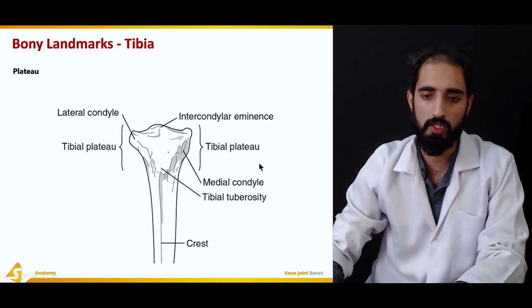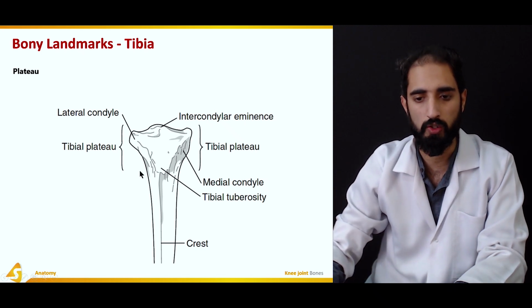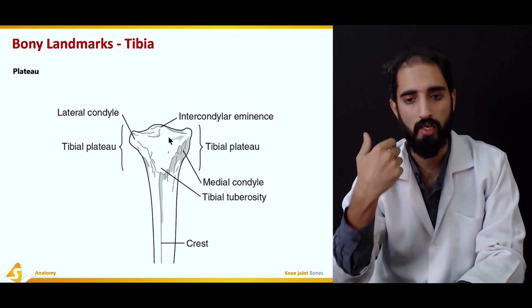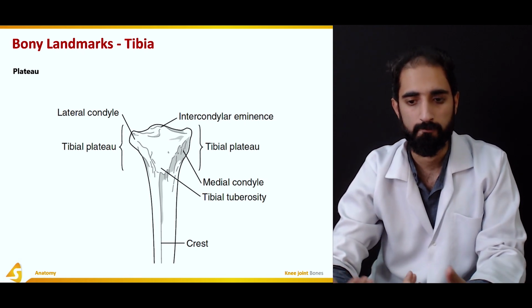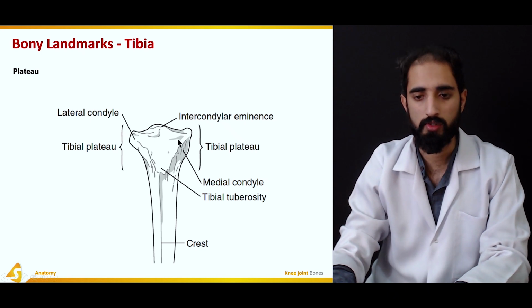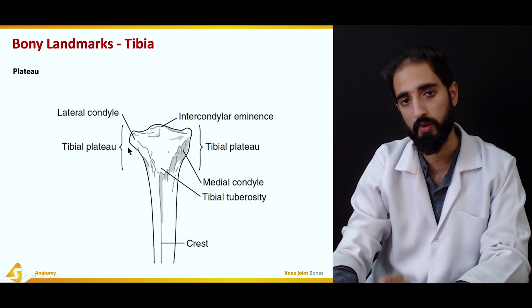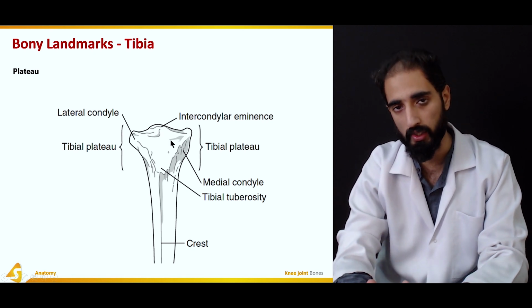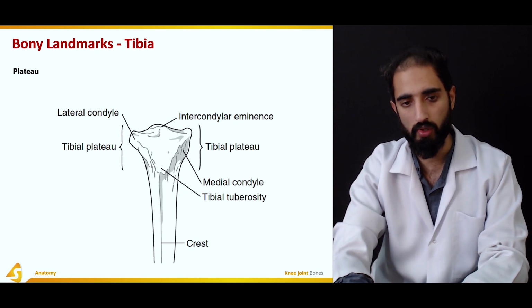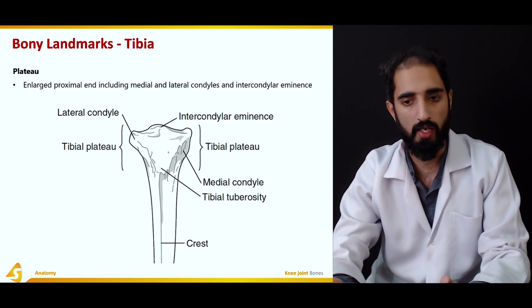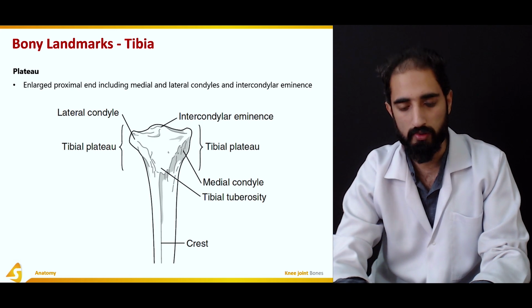Now this complete region is known as the plateau, which consists of structures like the lateral condyle, medial condyle, intercondylar eminence, and tibial tuberosity, and this is the area that we are actually concerned with and interested in when we talk about the bony landmarks of the knee joint, or the tibiofemoral joint. So the plateau is an enlarged proximal end including medial and lateral condyles and intercondylar eminence.